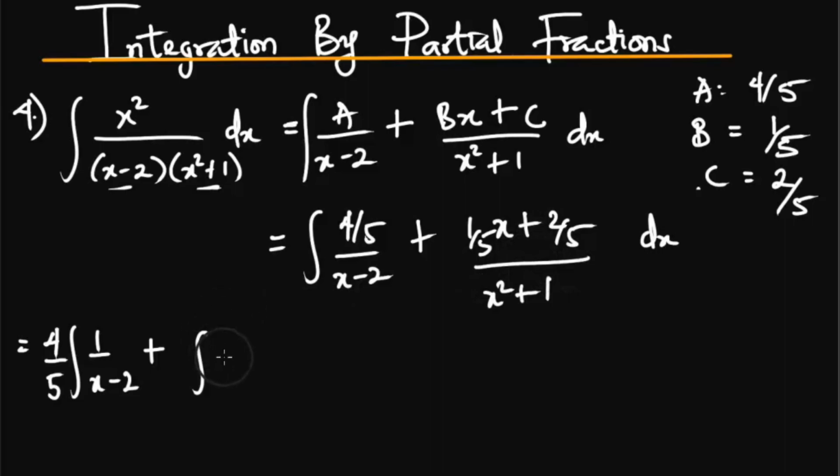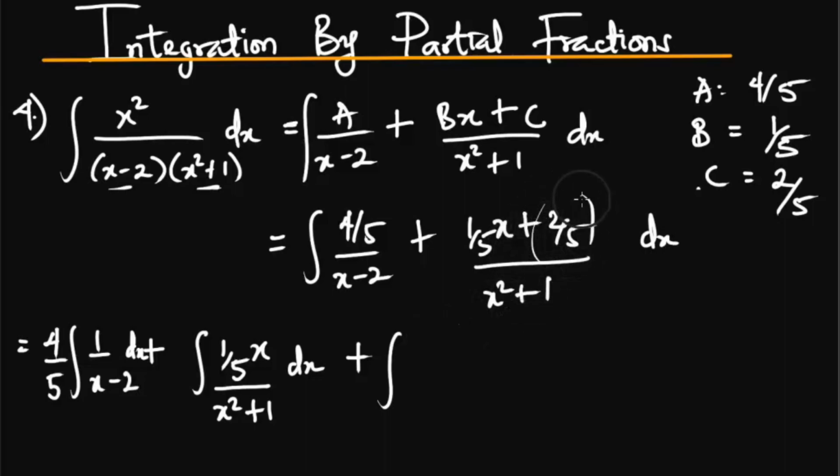So I'm going to have the integral of 1 over 5x over x squared plus 1, dx, plus the integral 2 over 5 over x squared plus 1.